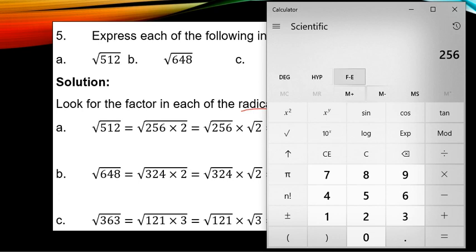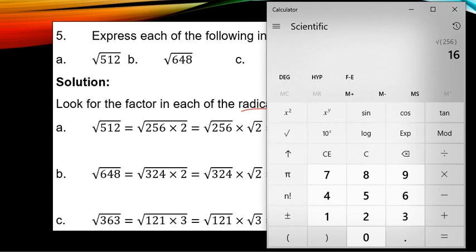So I'm going to invoke the square root sign. What you have there is 16, so there's no need of dividing again. It is when you have a decimal number that you try to divide by 3. So 256 times 2 will give us 512, since 256 is a perfect square.